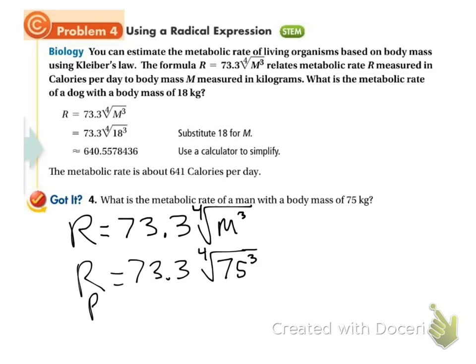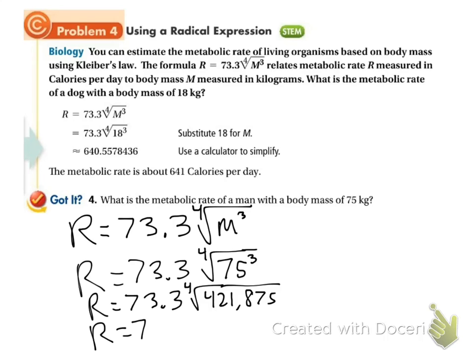So this is r equals 73.3 4th root of 421,875. Okay, and now I'm going to take the 4th root of that number. So r is equal to 73.3 times, it's about 25.5.